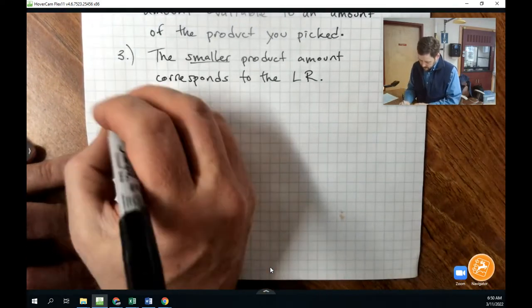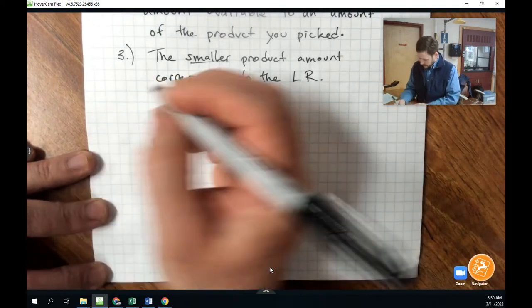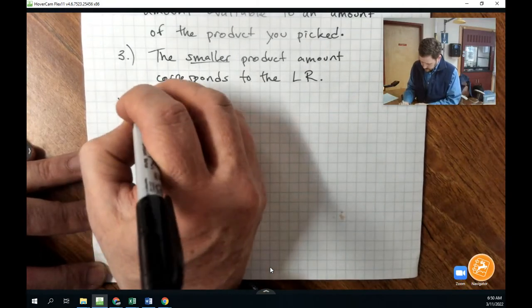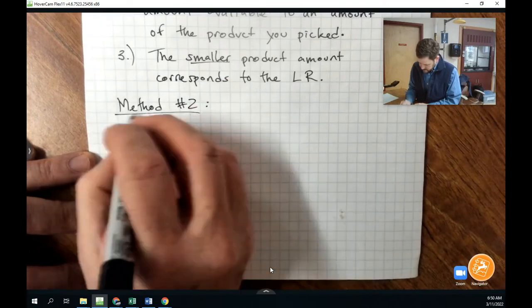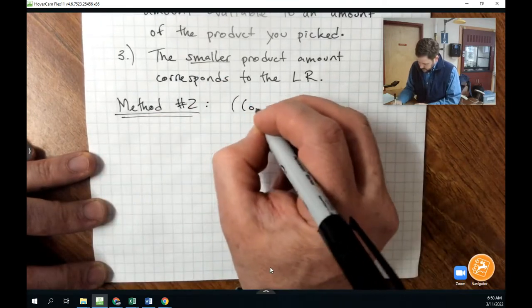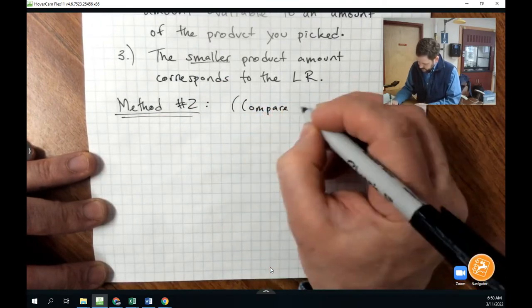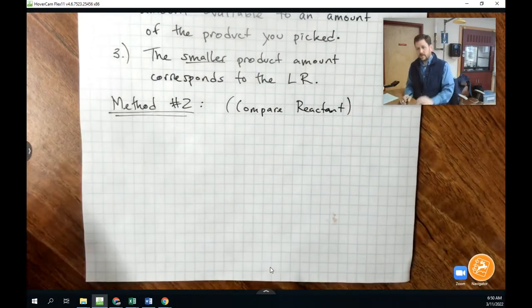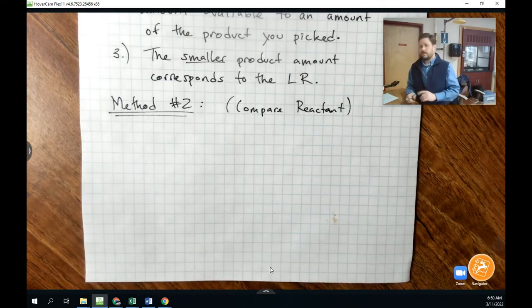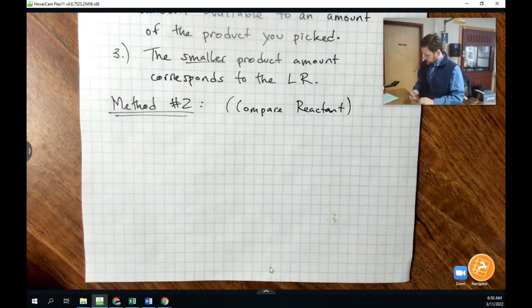And that's because method number two involves comparing reactant amounts. So let's write method number two, compare reactants. And here we're going to look at the available ratio and compare that to the balanced equation's ratio.